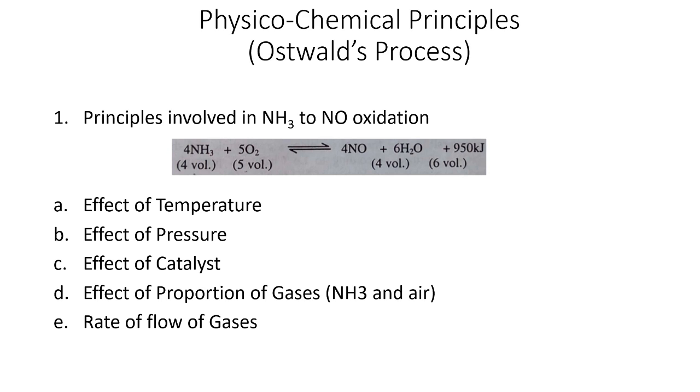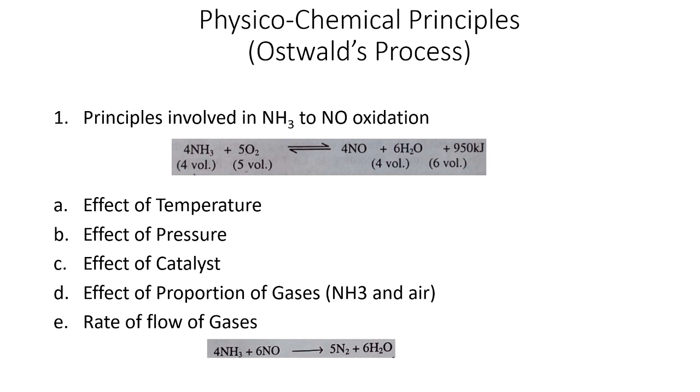Okay, so if the flow of incoming gases and outgoing gases is not controlled, then what happens? There is a chance that unreacted ammonia, okay, and the product, that is nitric oxide, may combine with each other and get converted to nitrogen gas. So that is going to reduce our yield. So therefore, to avoid such unwanted reaction, the gases should not remain in contact with the catalyst for a long time.